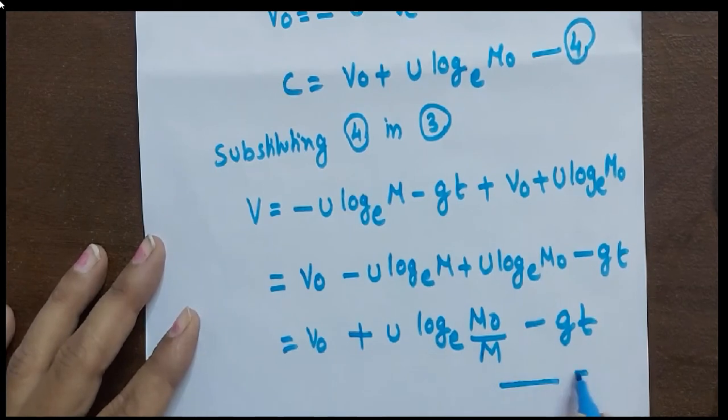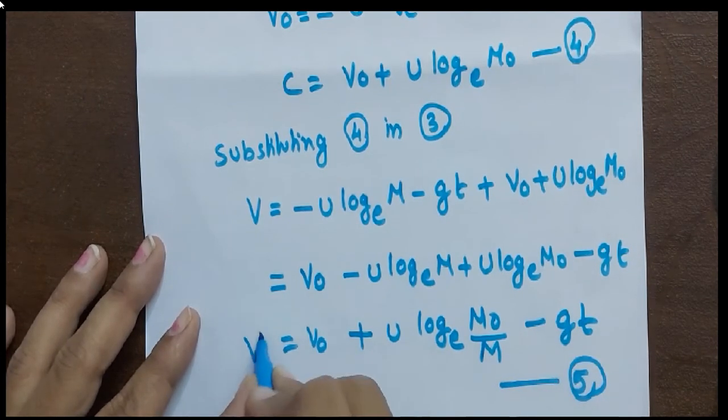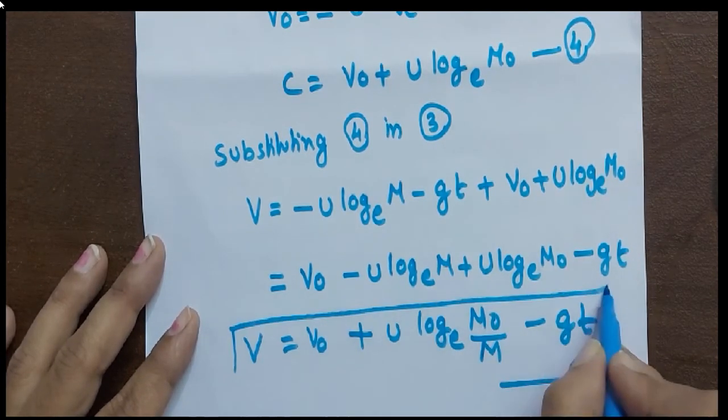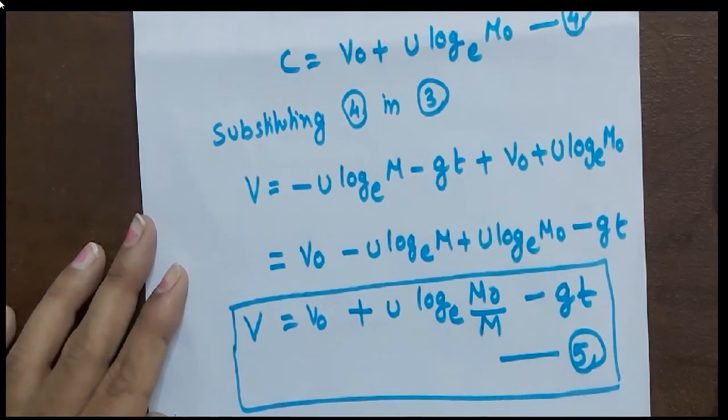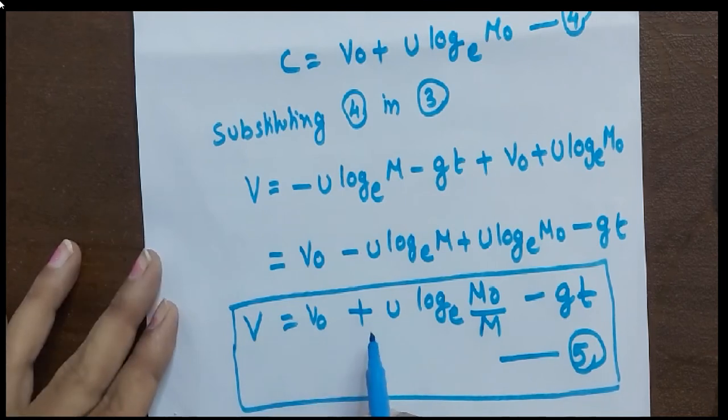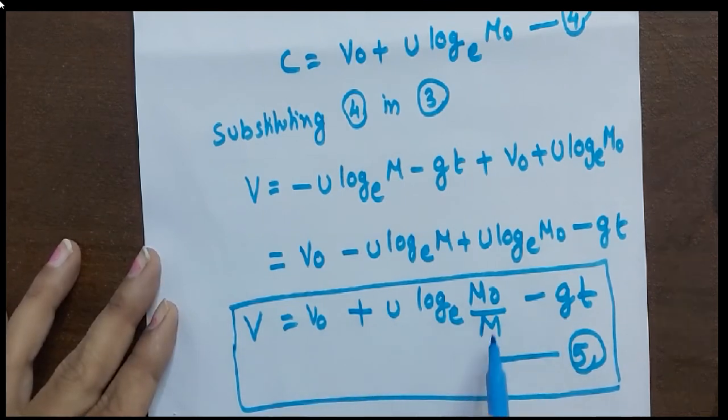This is equation number 5, which is a very important equation. This is the velocity of the rocket: V is equal to V0 plus u times log e M0 upon M minus gt.